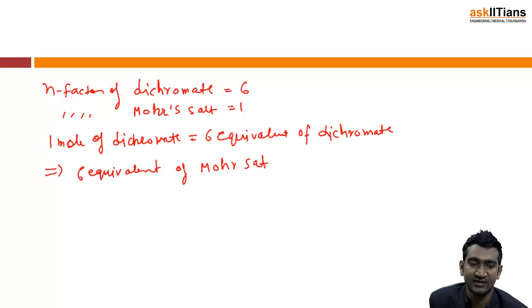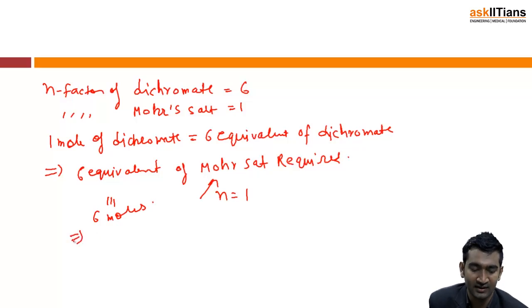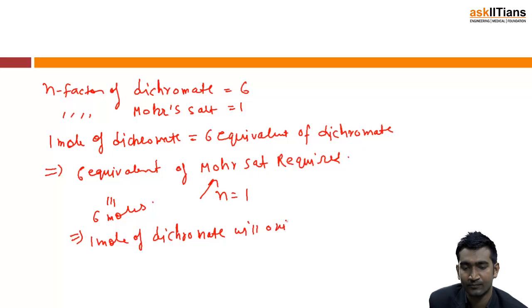This is my required thing. Now, since the n factor of my Mohr's salt is equal to 1, 6 equivalents is equal to 6 moles. And that's why 1 mole of dichromate will oxidize 6 moles of Mohr's salt.